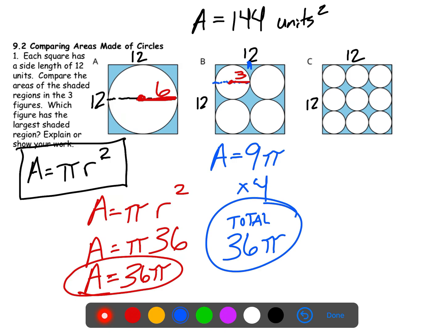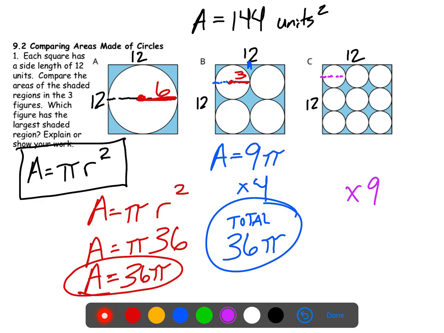For C, we're going to do something similar. So let me use a different color here. If we look at the diameter of one of the circles, there's 9 identical circles here. So whatever we find for the area, we're going to be multiplying by 9.